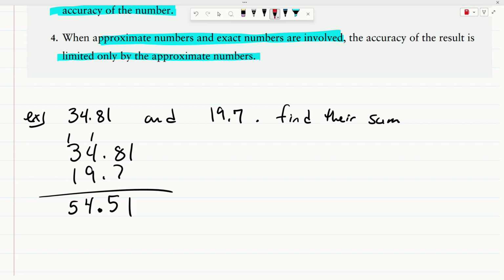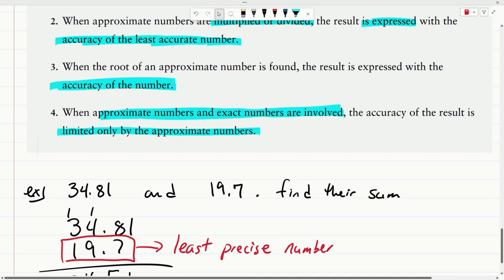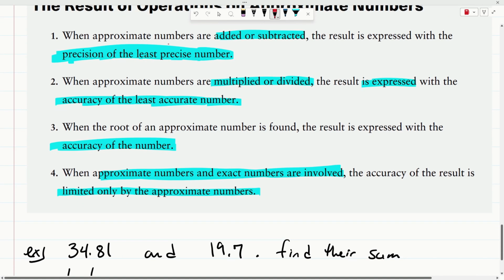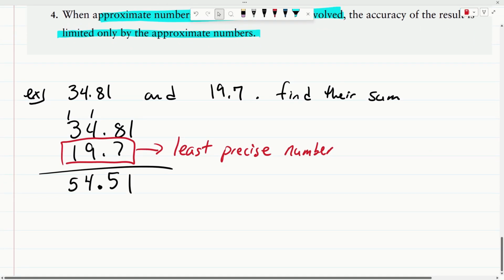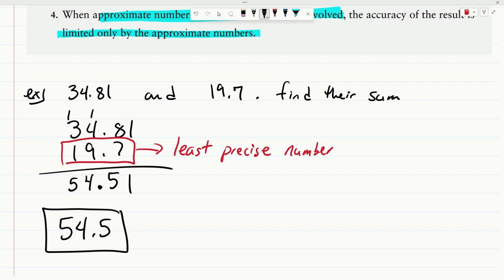However, since these are measurements, and 19.7 is our least precise number, then according to option 1, when approximate numbers are added or subtracted, the result is expressed with the precision of the least precise. Our answer is only 54.5. Okay? That's it.